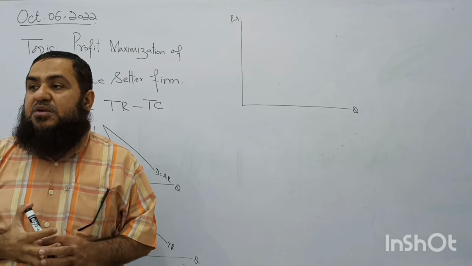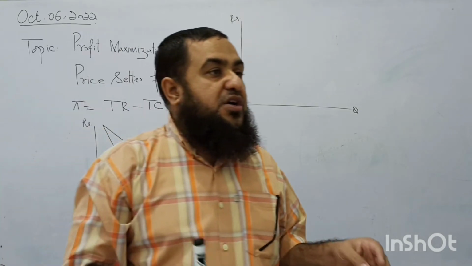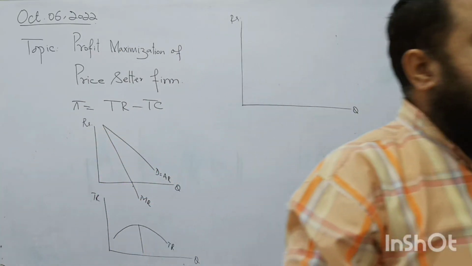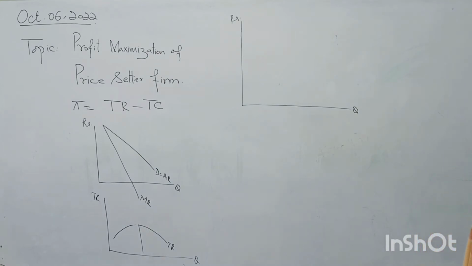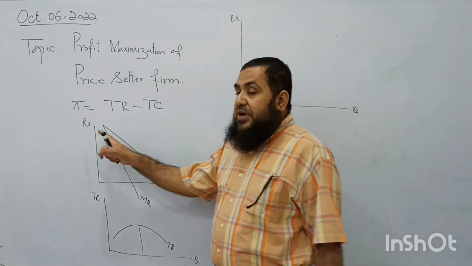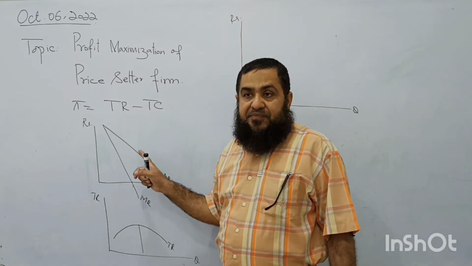Downward sloping demand curve means that when the firm wants to sell an extra unit, it has to decrease price. Without decreasing price, it cannot sell an extra unit. In case of a price taker firm, we said at the going price in the market, the firm was able to sell as much as it can produce. Clear? But here, the firm cannot control both price and quantity demanded.